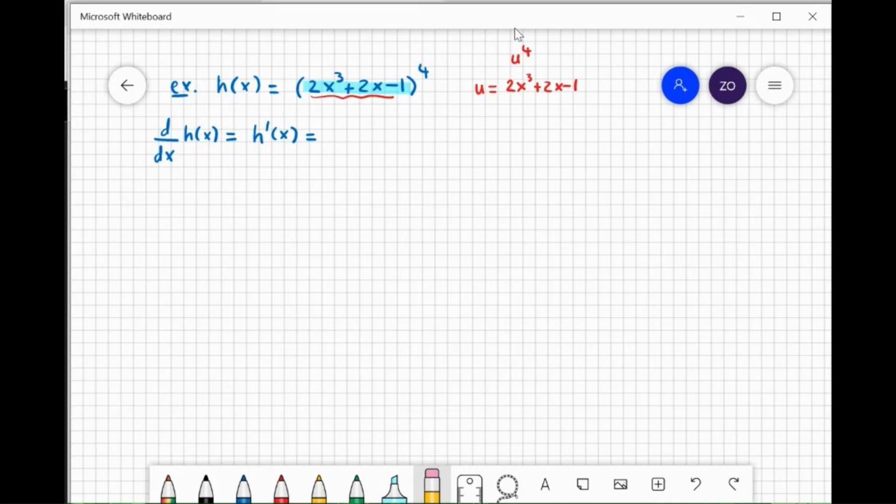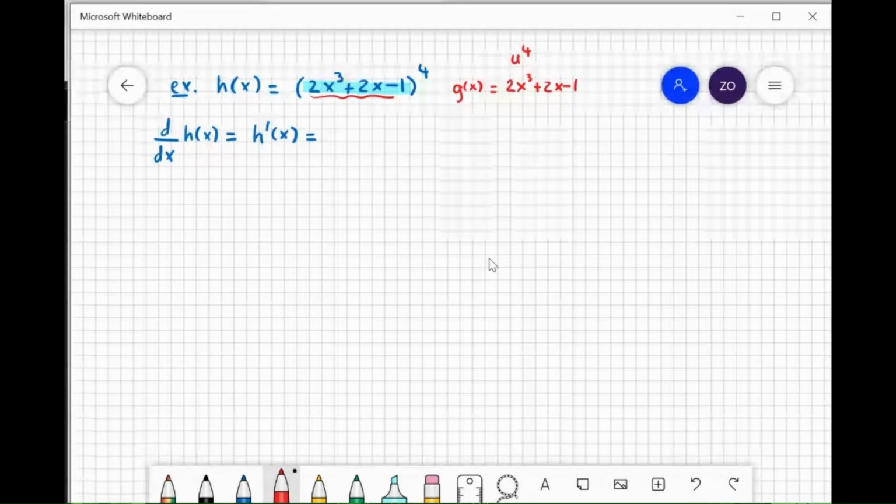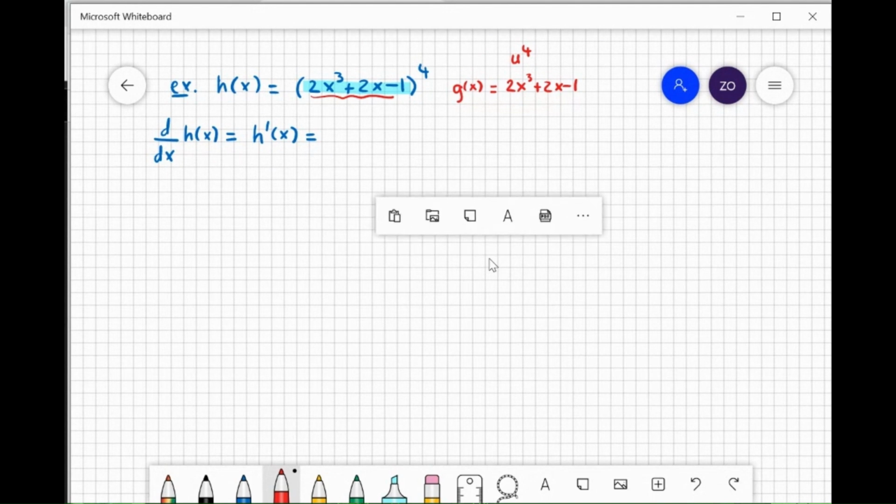Now we can just go back to the same notation. The inside function is the function that is applied first, and then we are just taking it to the fourth power. So the function that we are taking to the fourth power is g of x, and the outside function, which is applied last, is u to the fourth.